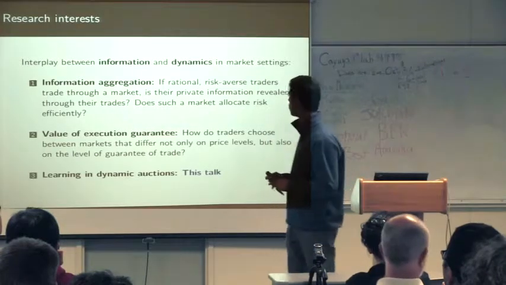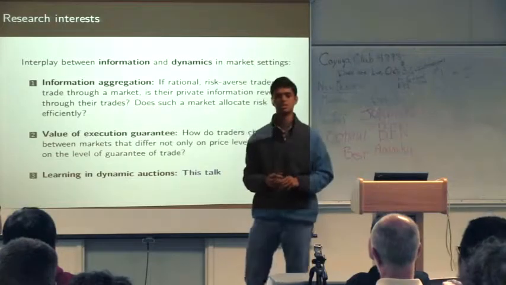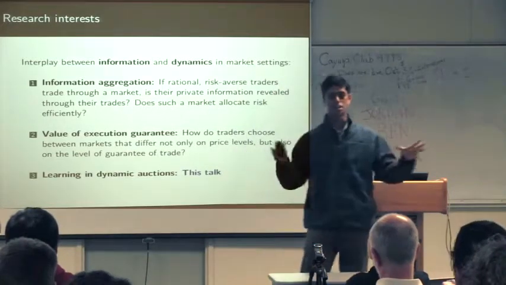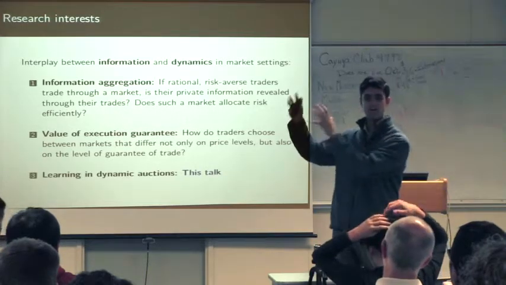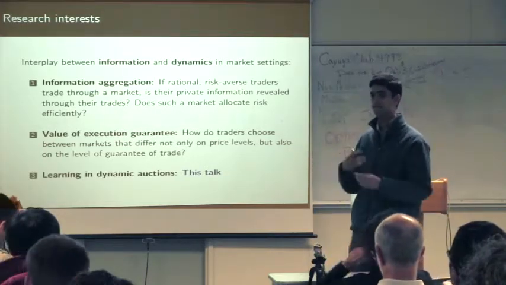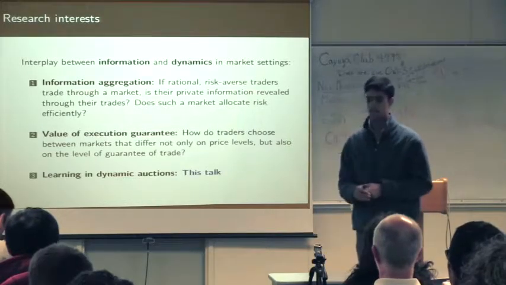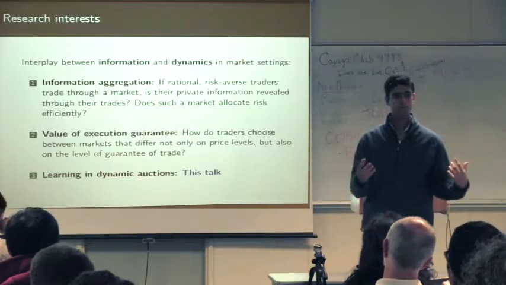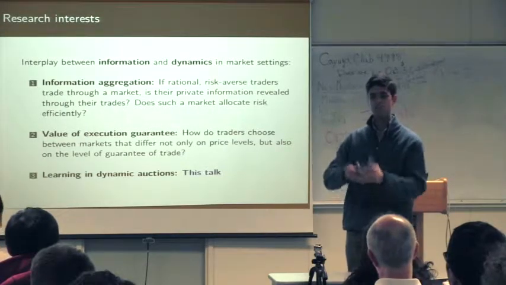Let me explain what that means in terms of examples of work that I have done. One is the problem of information aggregation. Suppose you have a finite number of traders who have some private information about, say, security value in the future, and they are trading sequentially with a market maker, and you want to ask under what conditions on the market mechanism does the sequence of trades that they carry out reveal their private information?